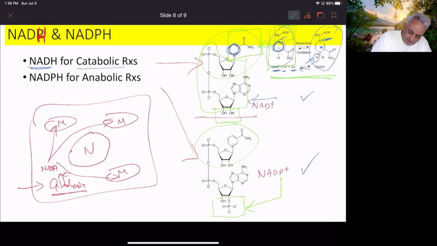Whereas its cousin, NADPH, is used for anabolic reactions, reactions where maybe the food molecules are built up into something more substantial, like proteins and DNA. So by having 2 separate molecules within the cell, and each one can be either in the oxidized state or the reduced state, it gives you 2 independent systems that don't couple the 2 types of reactions together anymore.